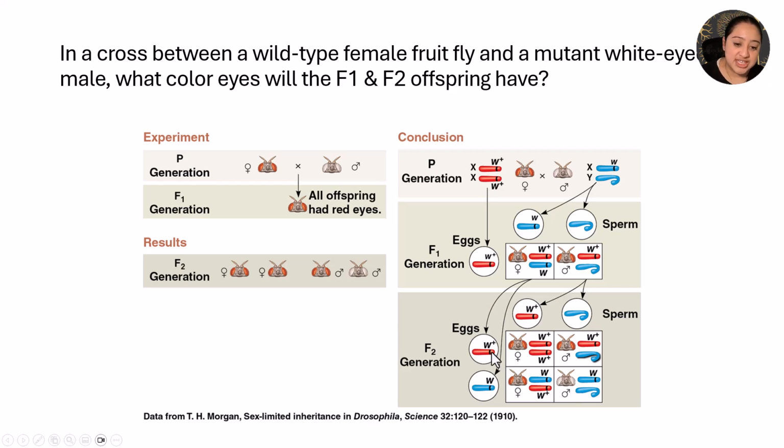If they inherit this chromosome with the plus, that's wild type, so it's going to be red eyes. And then in this case, there's the Y chromosome, but they actually get the mutant allele. And so because there's no wild type to cover it up, it's going to express that white eyes allele in this male. And that's the only combination that's going to show that. So hopefully that helps make sense a little bit more.